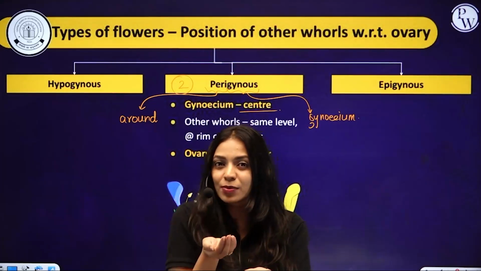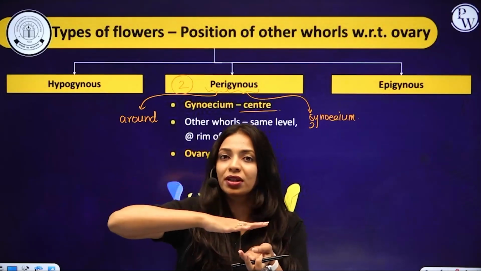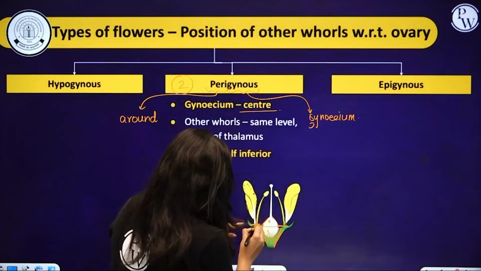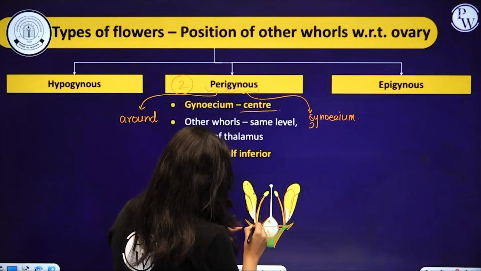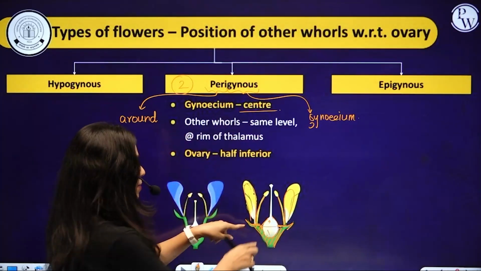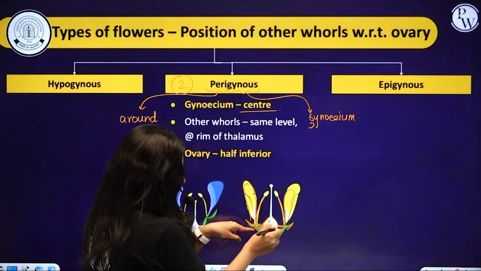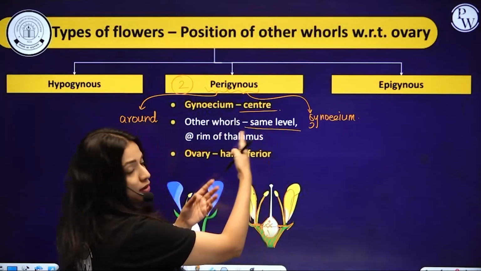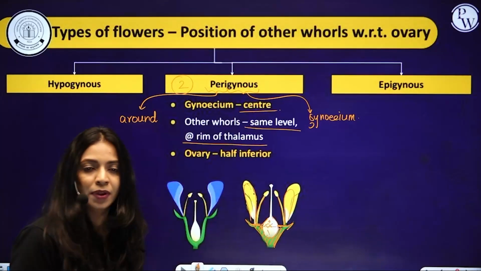Over here, the thalamus forms a cup-like structure, so the top portion of it is what we call the rim. All of these whorls, the sepals, the petals, and stamens, are arising from the rim here. So the other whorls are pretty much at the same level. If you take the center of the ovary, all the other whorls are arising at the same level, at the rim of the thalamus.